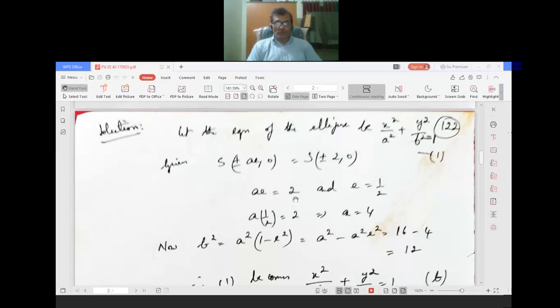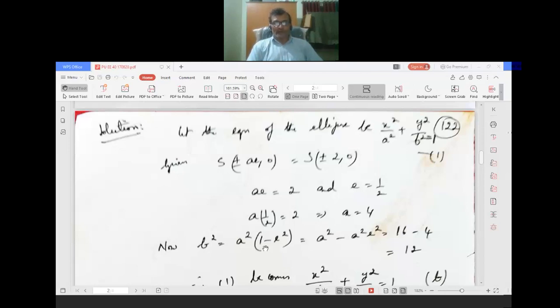So here we get e equals half, given in the question. We substitute in the place of e, a into half equals 2, so a is 4. If we know a, we can find b squared, using the very important formula b squared equals a squared into 1 minus e squared.